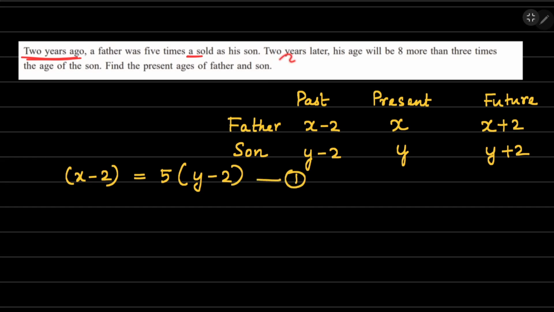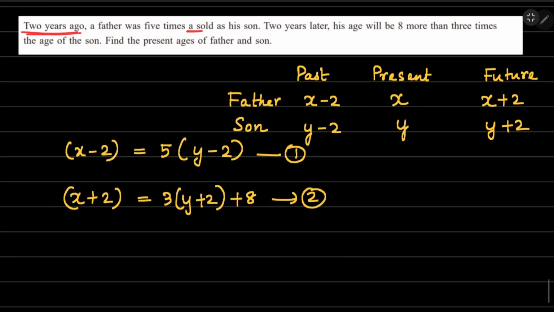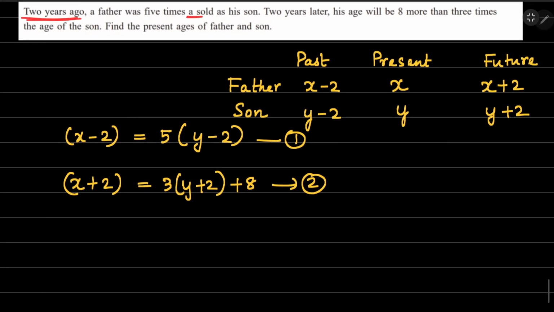Secondly, the second sentence, 2 years later, look at the ages 2 years later. His age, that means the father's age, x plus 2, will be 8 more than 3 times the age of the son, which is y plus 2. This is your second equation. You have to solve 1 and 2.